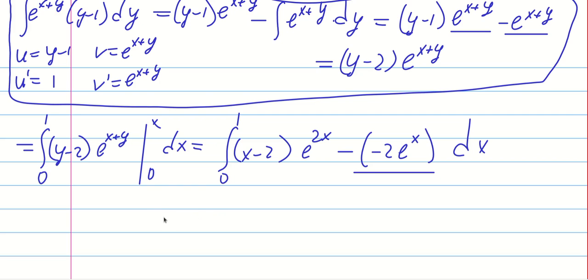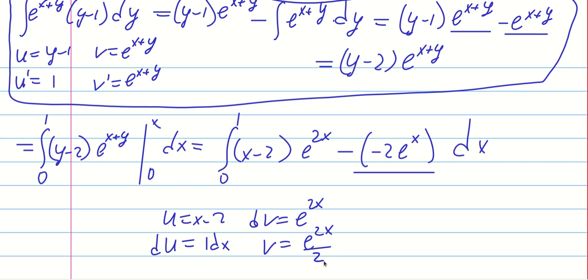If we think of u to be x minus 2, then the derivative of u is 1. And if we think of dv as e to the 2x, then v would be the integral of e to the 2x, which is e to the 2x over 2, right?